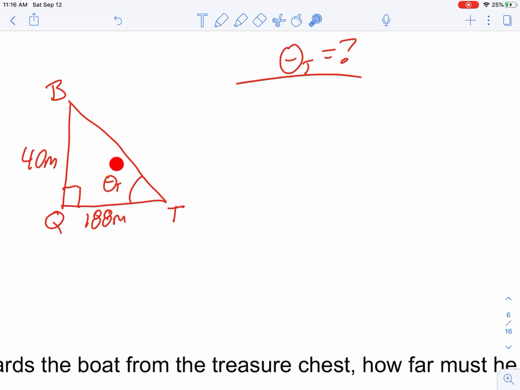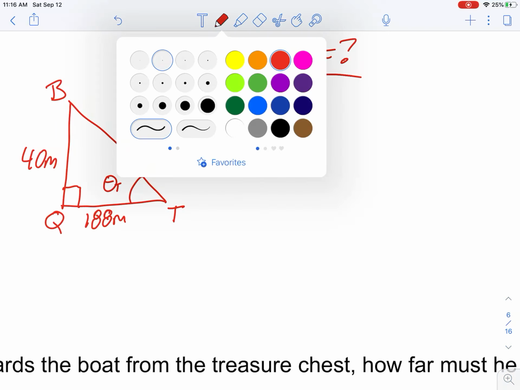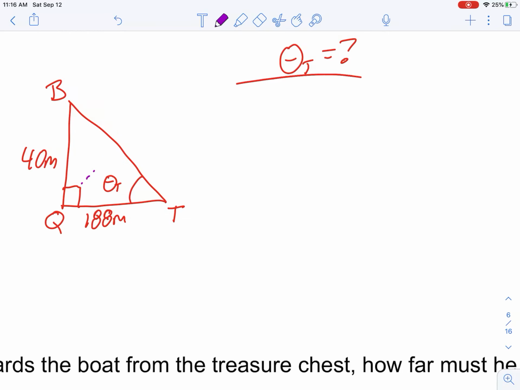Now remember, ask yourself, how does angle T relate to the things that I know? Well, if I'm looking here, first off, where is my hypotenuse found? My hypotenuse is across from my 90-degree angle. Okay, so there's my hypotenuse.